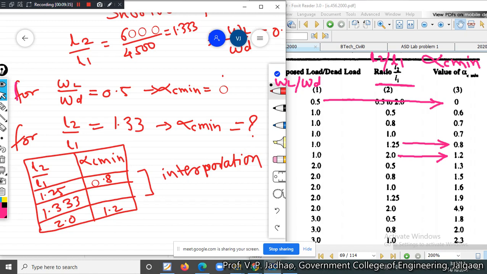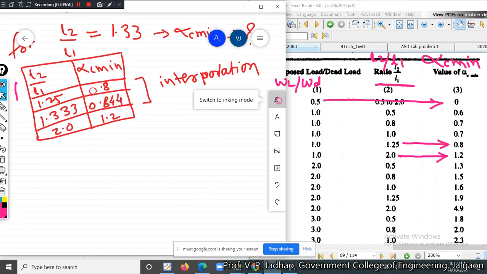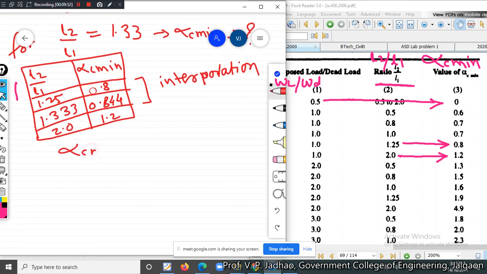We get the value of alpha C minimum equal to 0.844. So we have got the value of alpha C minimum along the shorter span.